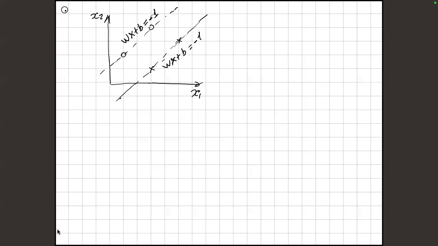So we need to build a model, and our model should be located right in between. This would be a model just for class 1. That would be a model for plus minus 1. We are interested in a model that goes in between the classes.